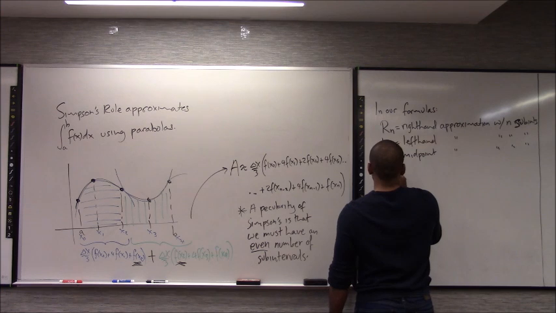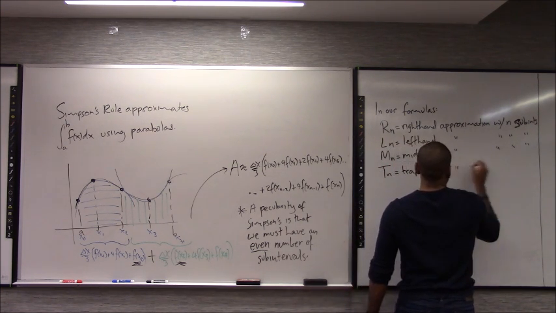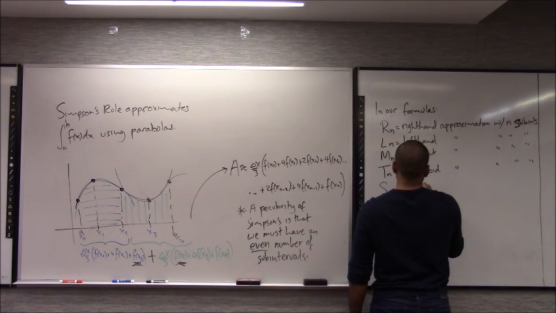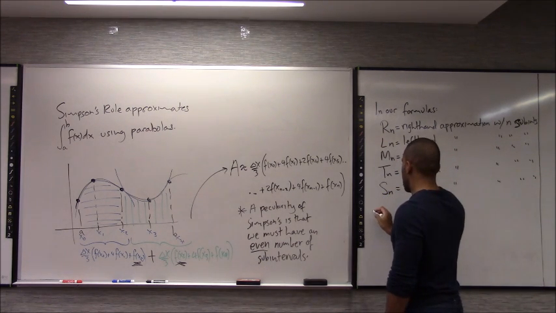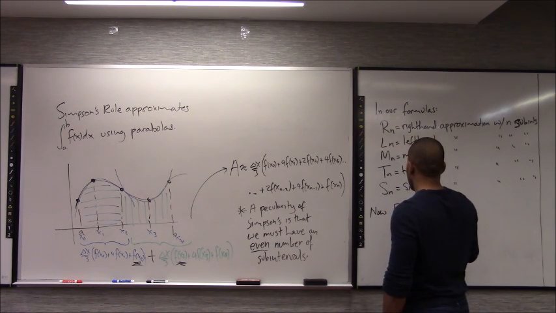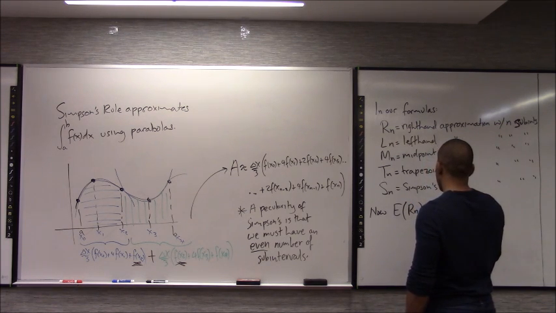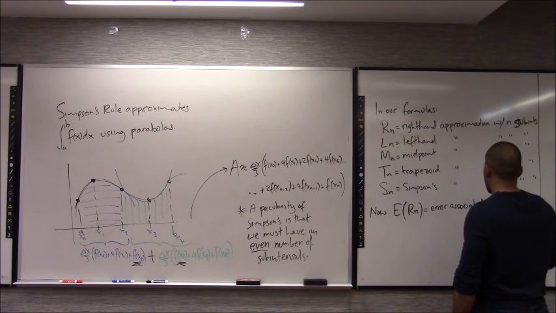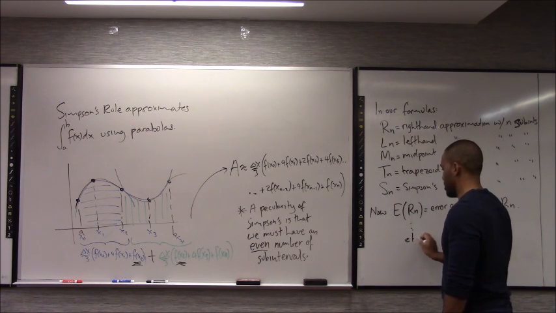If you see Tn, it means the trapezoid approximation. And if you see Sn, it means the Simpsons approximation. Now, if I ask you E of Rn, this means the error associated with Rn.